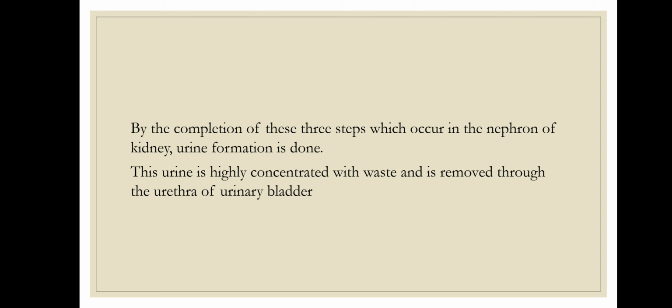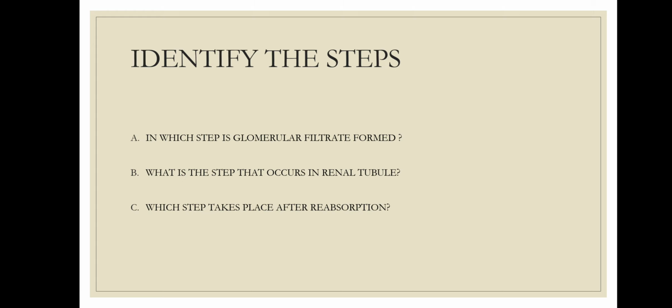As we have now learned about the process of urine formation, let's do a small activity to check your understanding level. Let's try to identify the steps of urine formation from the statements given. The first statement is, in which step is glomerular filtrate formed? I hope you all have guessed the answer.